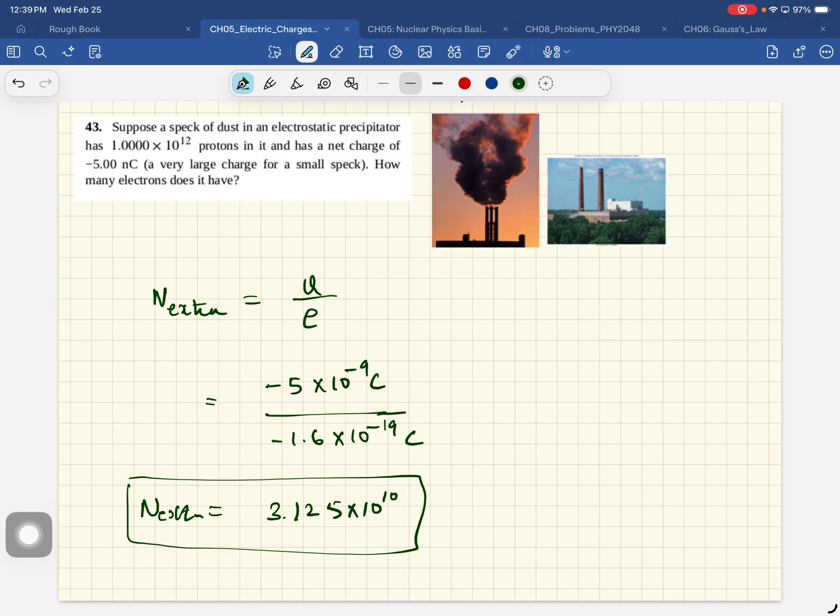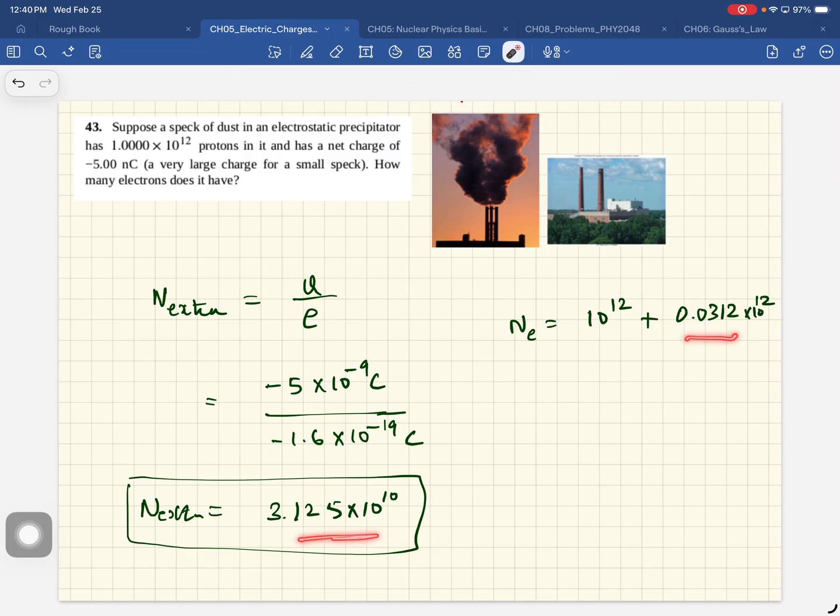So the number of electrons is, you have to neutralize that charge plus this charge. So 10 to the power 12 plus 0.0312 times 10 to the power 12. The reason I wrote that is you had to increase the number of electrons by 3%.